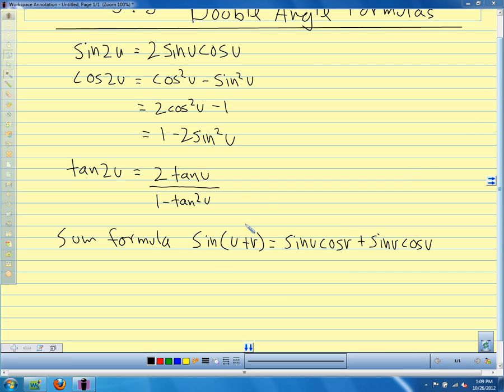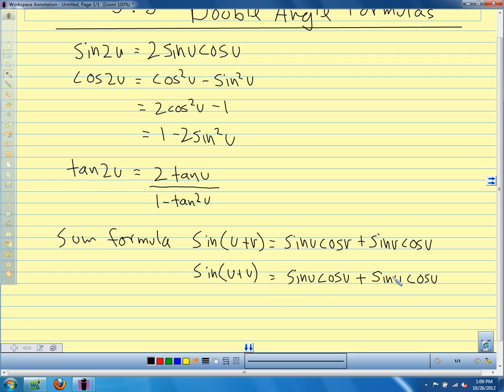Now if u and v are the same angle, so we're going to look at the sine of u plus u. So we're going to use our sum formula, but we're going to put the same angle in there twice. That's going to be the sine of u times the cosine of u, I'm just using this same angle twice, plus the sine of u times the cosine of u.